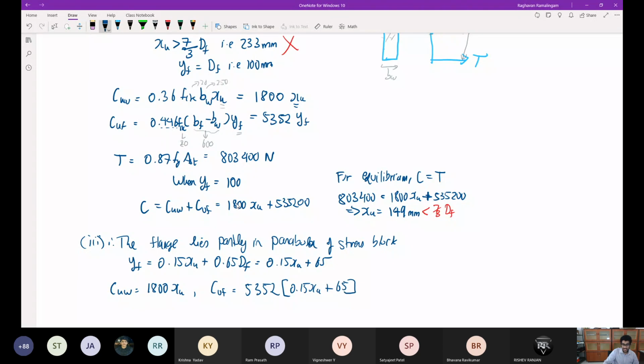Can you expand this and tell me how much you get? 5352 times 0.15 XU plus 5352 times 65. Expanding this, what is the expansion that you get for this? What XU plus what?